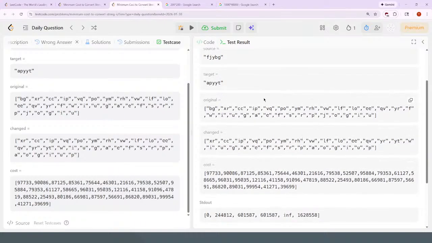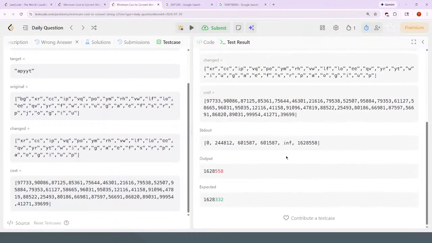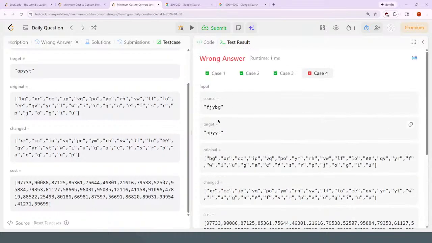There's no 3-letter exchange, so it had to do a 2-letter exchange here, and then a final letter exchange here. So G to T. G to T does have some sort of connection, I assume.